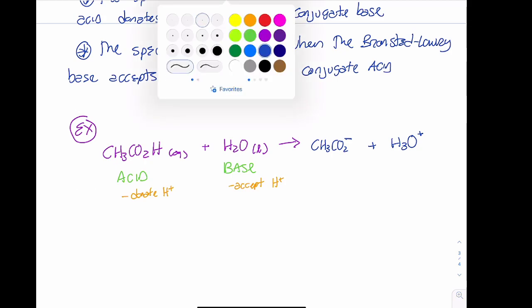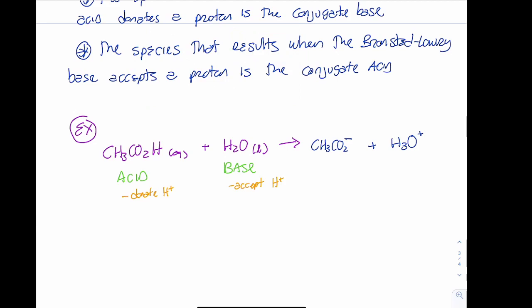Okay. We still need to label our conjugate acids and conjugate bases. So my acid produces the conjugate base, right? That pair differs by 1 proton, and my base is going to produce the conjugate acid. Water and hydronium ions differ by 1 proton.